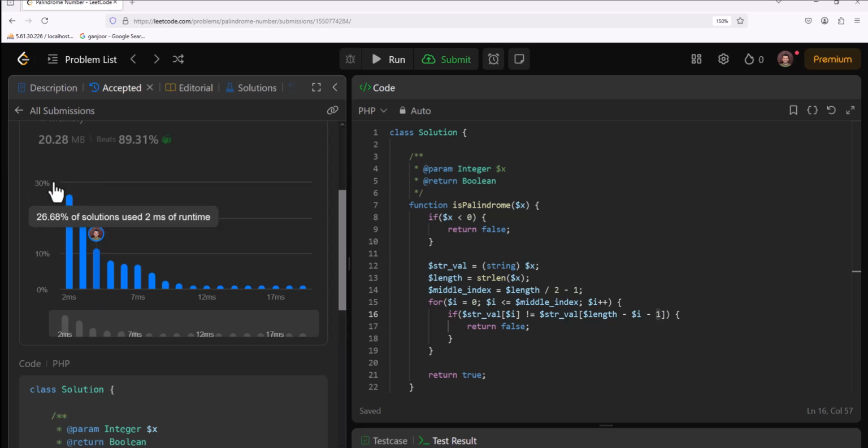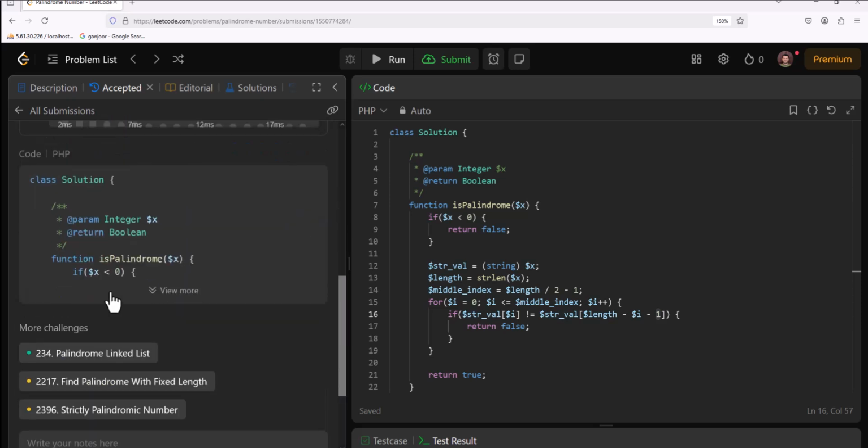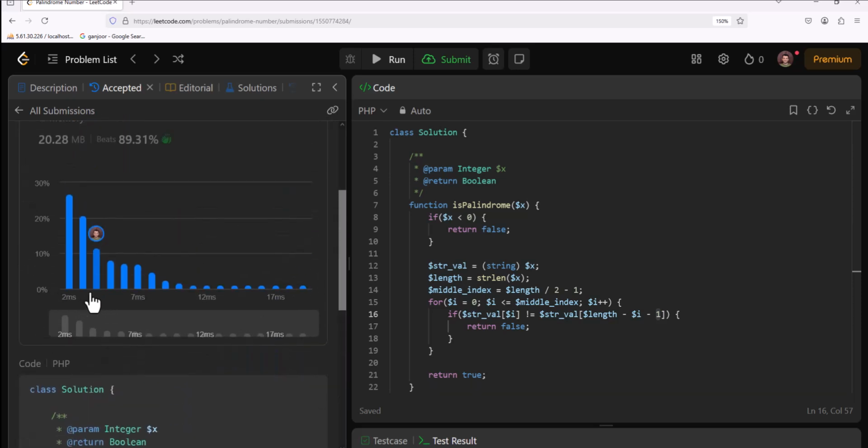Here it says that our solution takes about 4 milliseconds to be done. Let's check if we can solve this in another way.